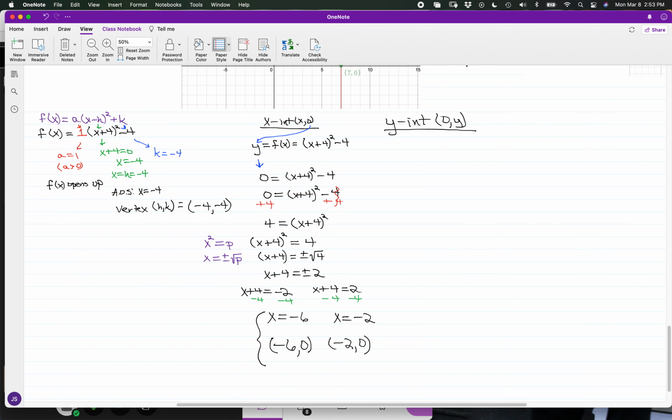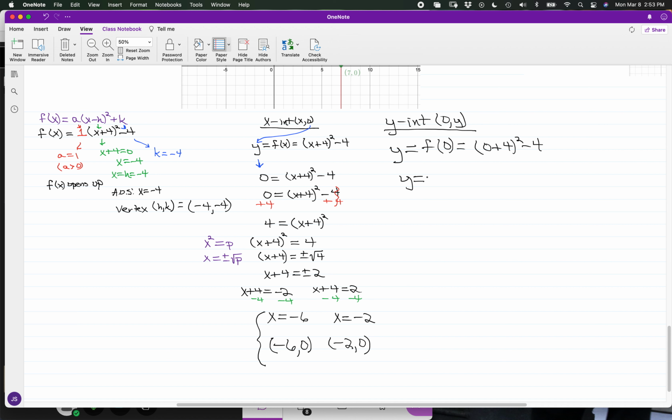And this time we're looking at setting x to 0 while solving for y. So we have y is equal to f of x. Now f of x is going to become f of 0. For the square of x plus 4, that's going to be the square of 0 plus 4, minus 4.